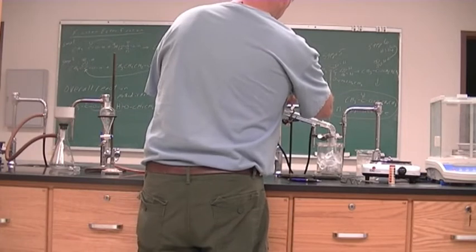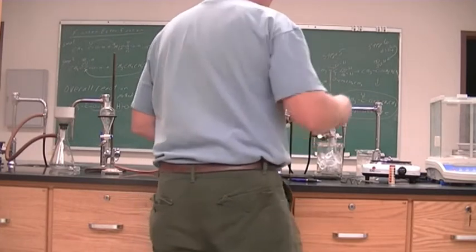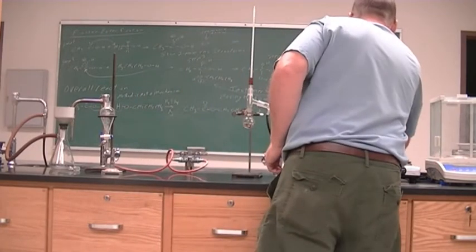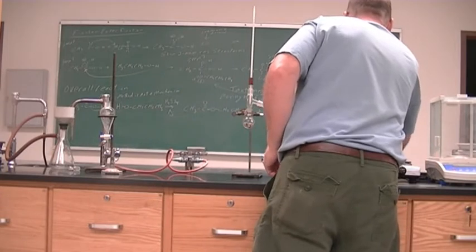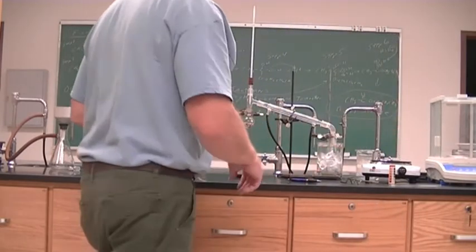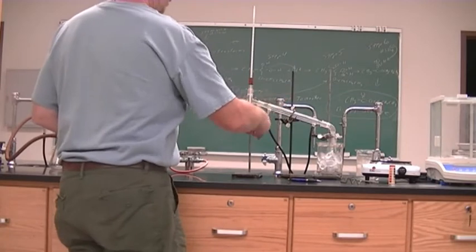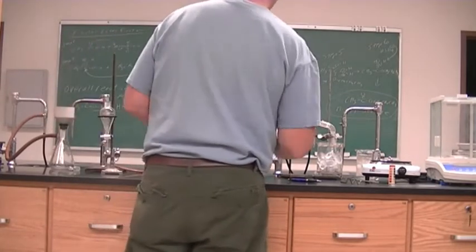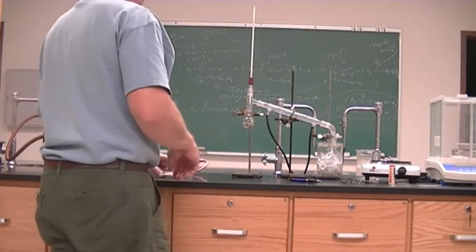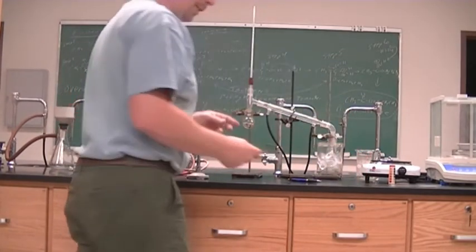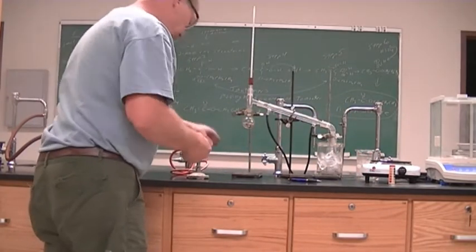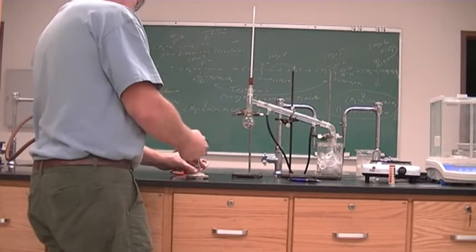That is sealed nicely, and then our water goes through, going in the bottom and out the top, so that it stays nice and cool. This seal is there, and now we're ready to reflux. Reflux, ready to distill. We'll just reflux for an hour. We're done with that.